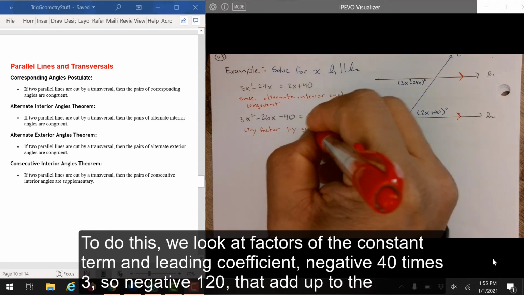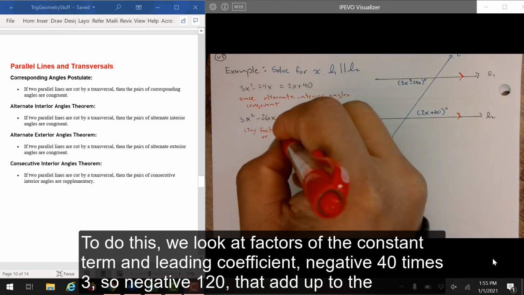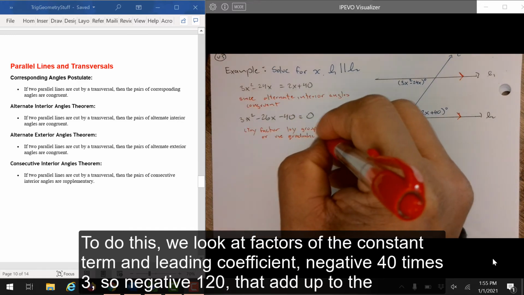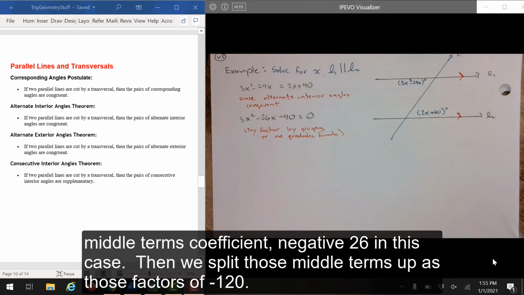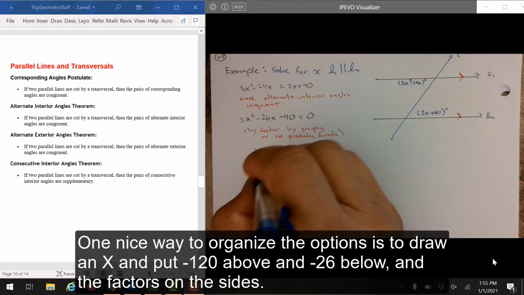To do this, we look at factors of the constant term times the leading coefficient, negative 40 times 3, so negative 120, that add up to the middle term's coefficient, negative 26 in this case. Then we split the middle term up using those factors of negative 120.